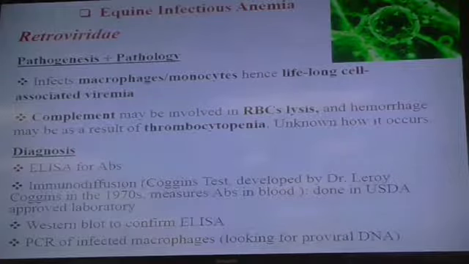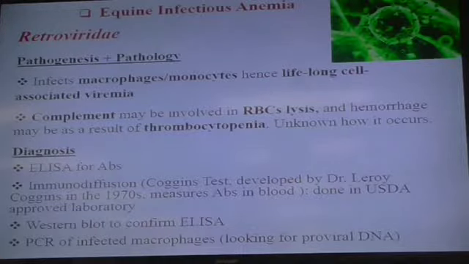We're looking for antibodies, and we're looking for the presence of the virus. In equine infectious anemia, like in arteritis, there is prolonged presence of antibodies in the circulation, like in the case of FIV. Hence, the test for antibody detection is the Coggins test, which is the immunodiffusion test, if you recall.